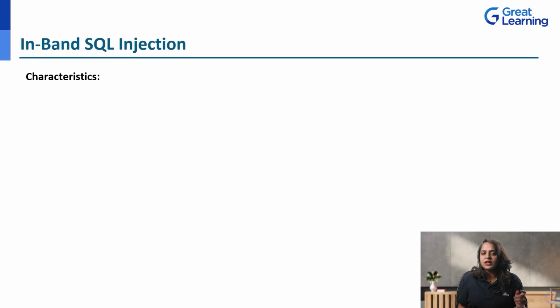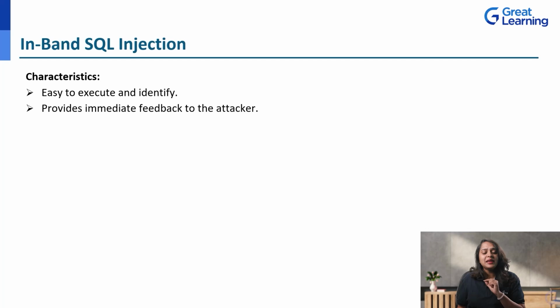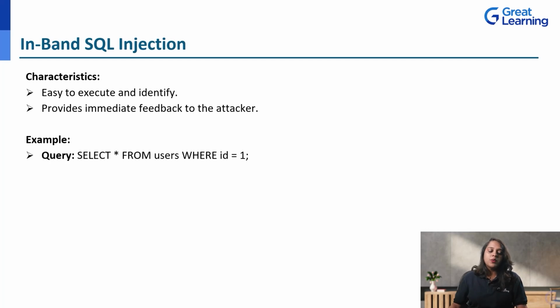Next, what are the characteristics of in-band SQL injection? One is that it is very easy to execute and very easy to identify as well. And it provides immediate feedback to the attacker. It is very easy for the attacker to use the data from your database with this method. For example, generally the query can be written as select star from users where ID is 1.